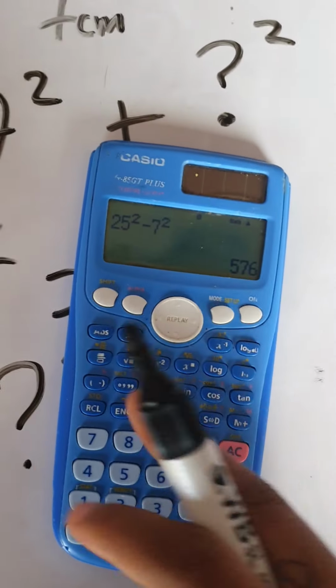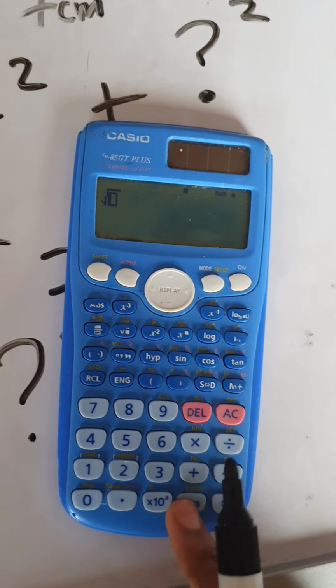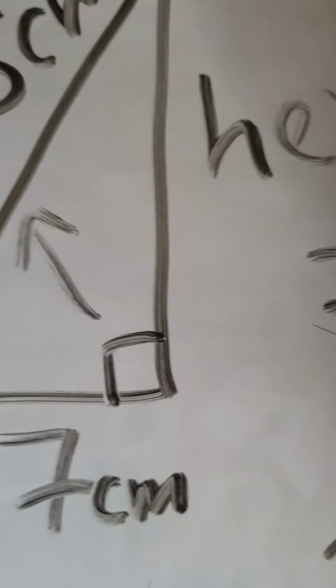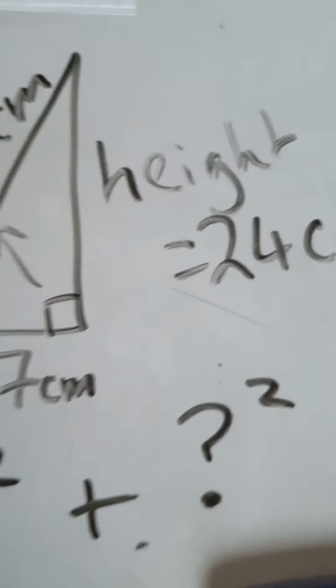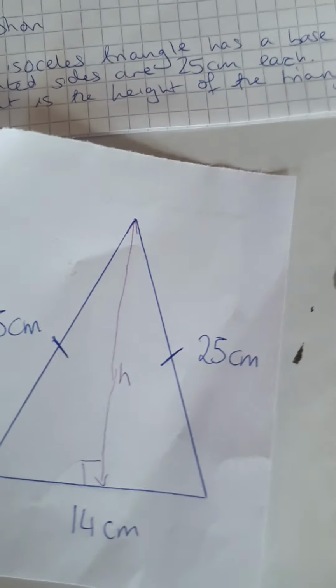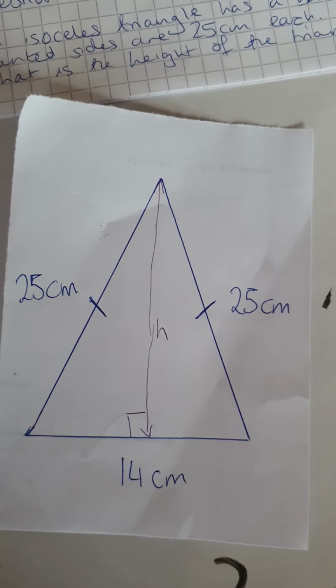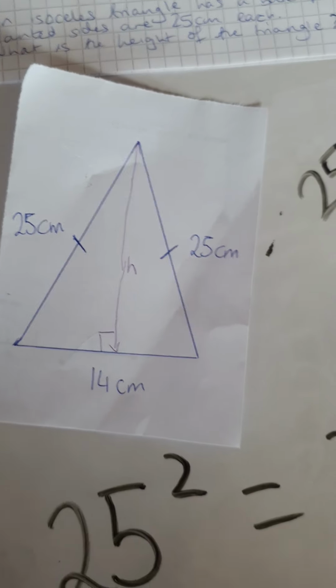And then I square root my answer. 24. So this height is going to be 24 centimetres. So the height of my total isosceles triangle is going to be 24 centimetres.